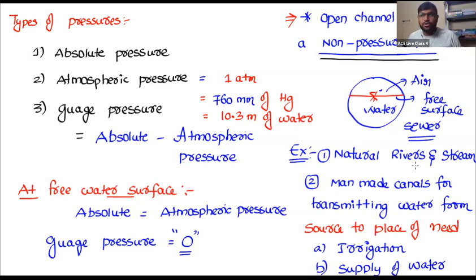Yes or no? Wherever there are canals, the flow is open channel flow. Now I need to look at the different types of canals or channels we are going to see, and the cross-section shapes of those channels.